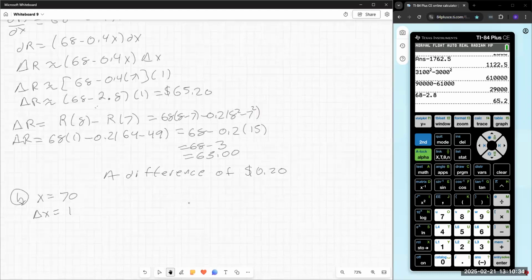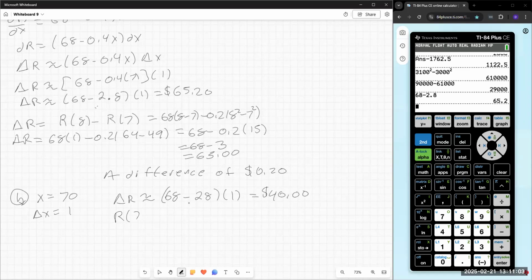That means that delta r is approximately 68 minus 0.4 times 70, which will be 28, times 1, will be $40. And r of 71 minus r of 70 will be exactly what delta r is here.